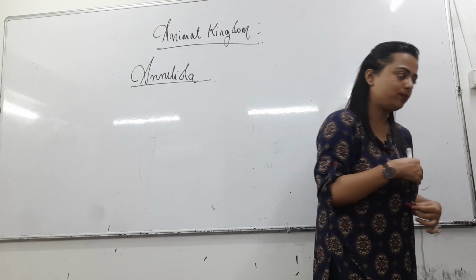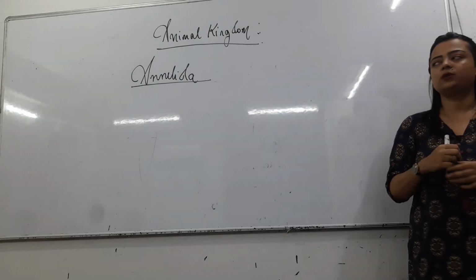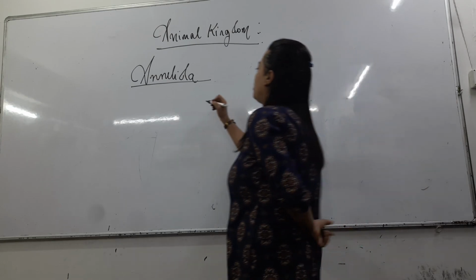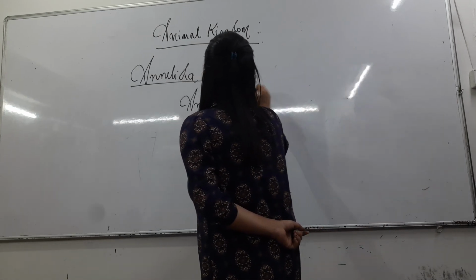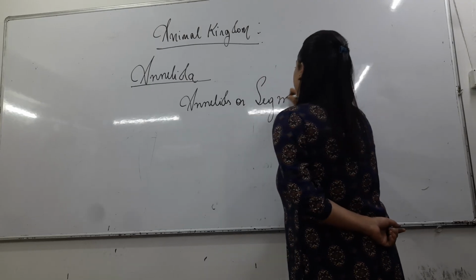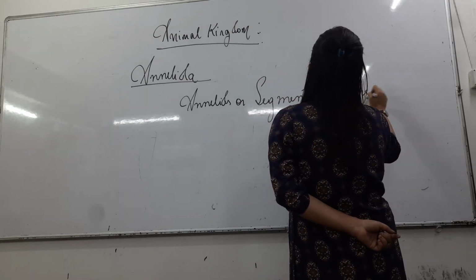First point: animals belonging to this phylum are called annelids or segmented worms. That means their body is segmented.